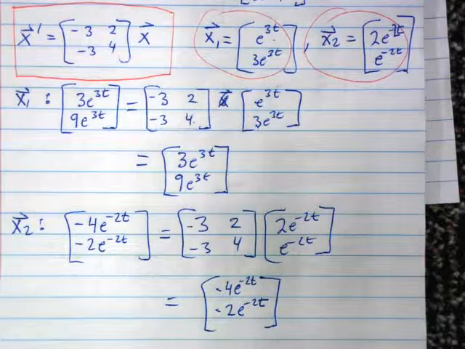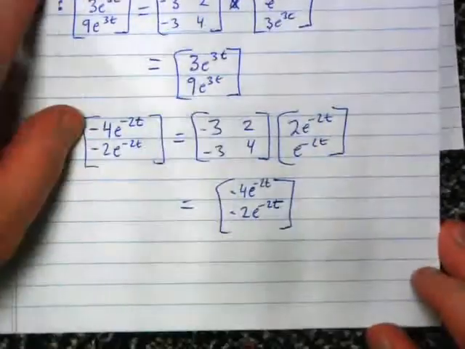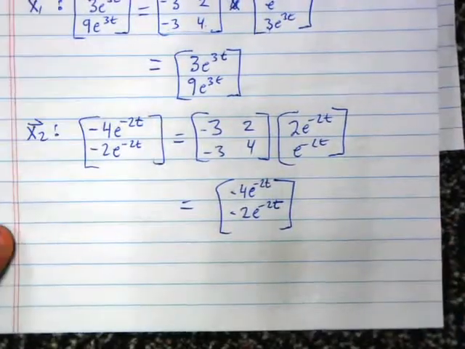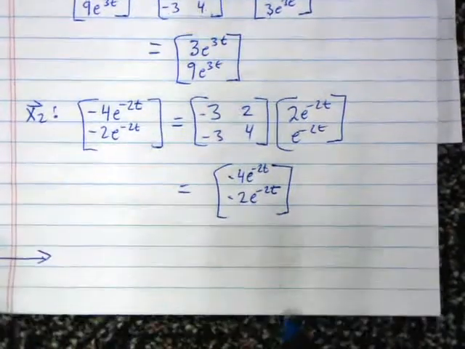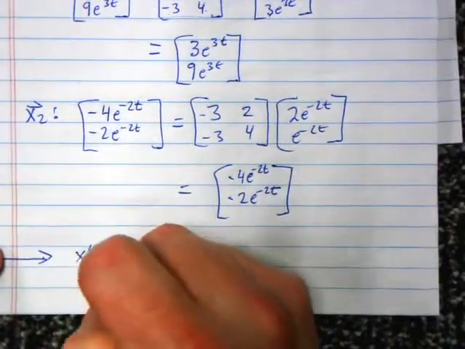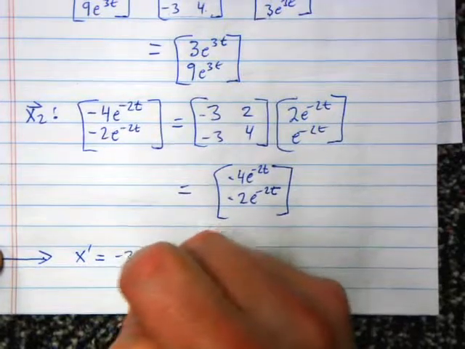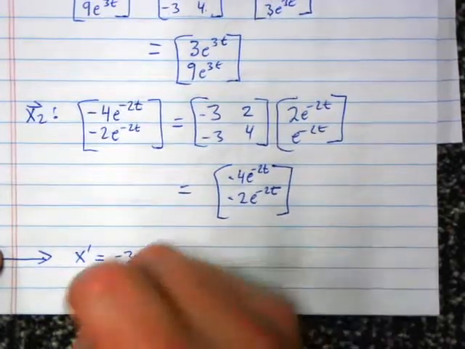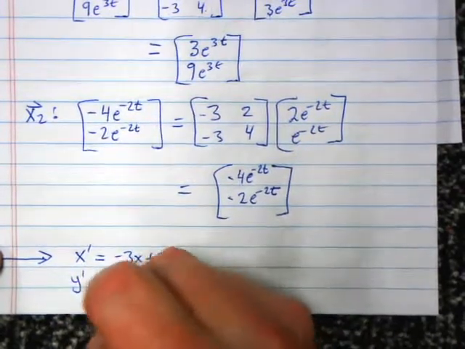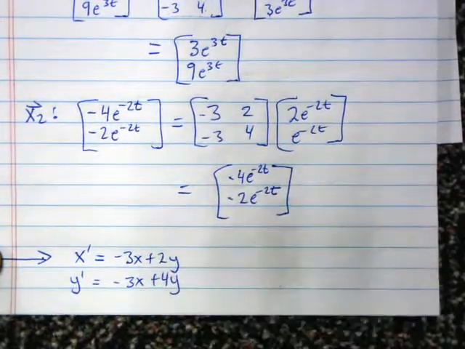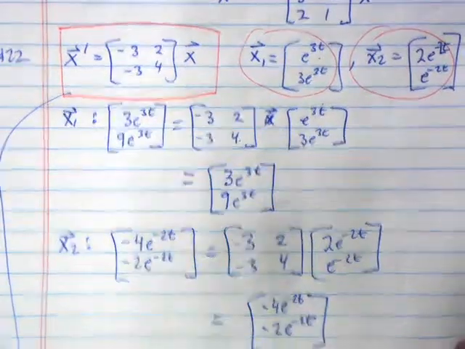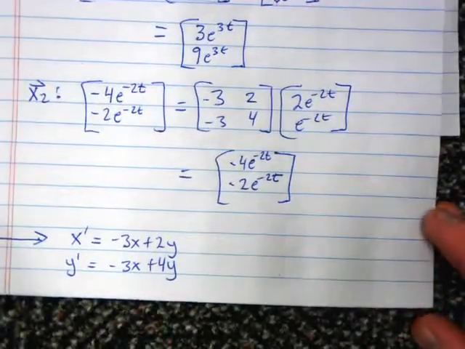They are scalar multiples. This x prime equation could really be written this way as x prime equals minus 3x plus 2y, and y prime equals minus 3x plus 4y. That's what that original equation written as a system really was.